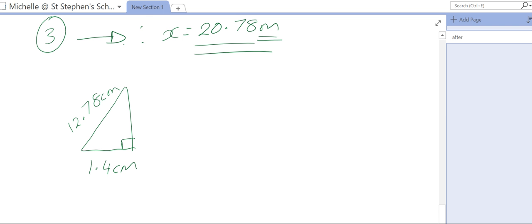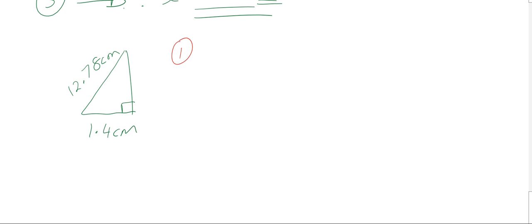All right, our last example, we've got a right angled triangle again, 12.78 centimeters, and we've got 1.4 centimeters. All right, going through our steps. We've got step 1, we're labeling our sides. If this is what we're trying to find over here, that's our hypotenuse.